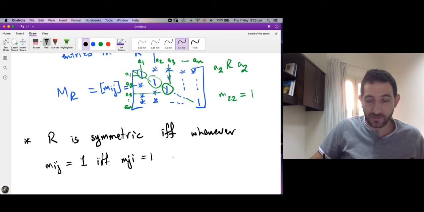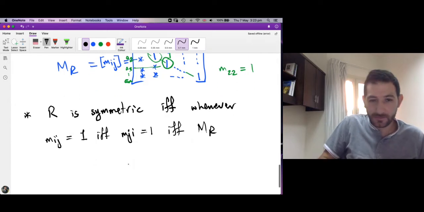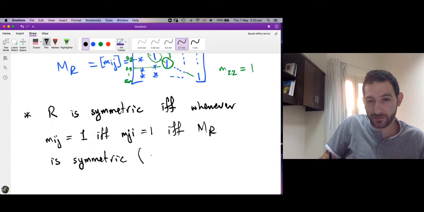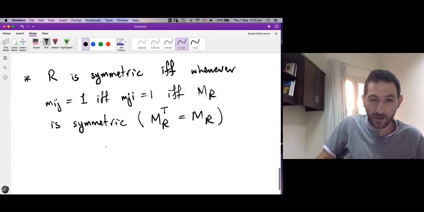Okay, and so this means the matrix MR is symmetric. Remember how we defined a symmetric matrix? If its transpose is equal to itself. And we've seen that symmetric matrices are symmetric across the main diagonal.